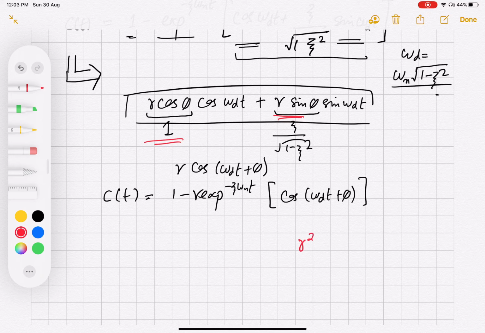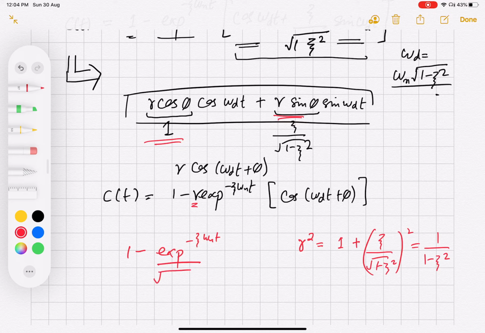You get r square on the left hand side, and on the right hand side you get 1 plus zeta square upon 1 minus zeta square, which gives you 1 upon 1 minus zeta square. So r is 1 upon under root of 1 minus zeta square.